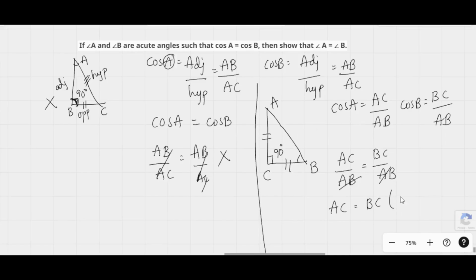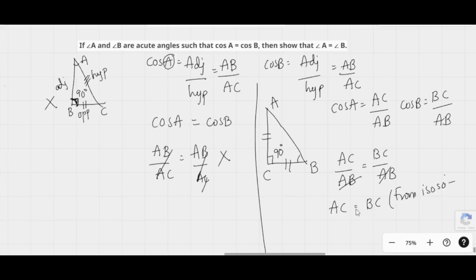From the isosceles triangle theorem that you have studied before, what we know is AC is equal to BC.